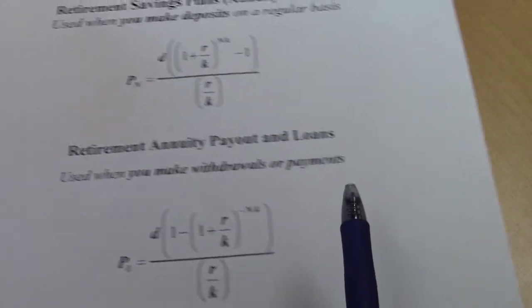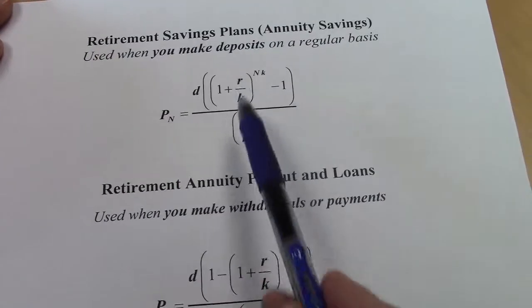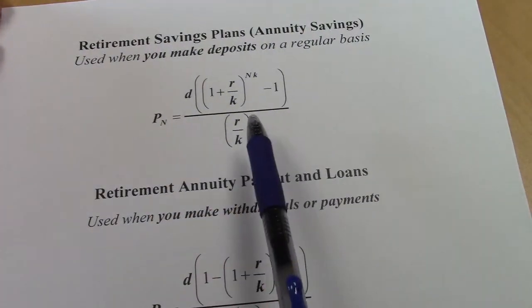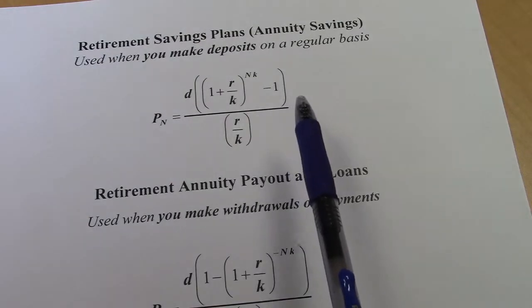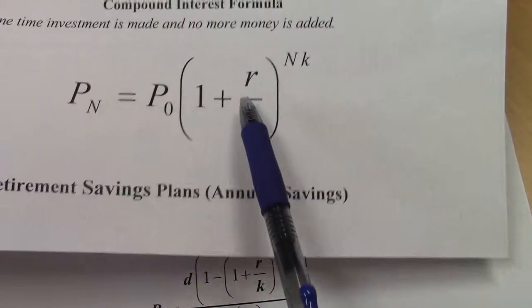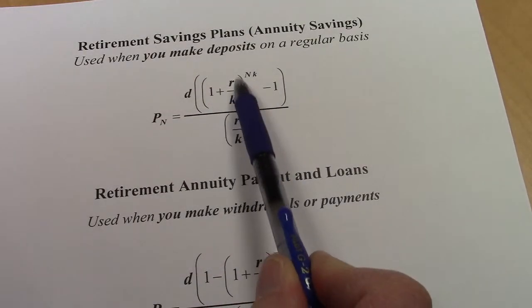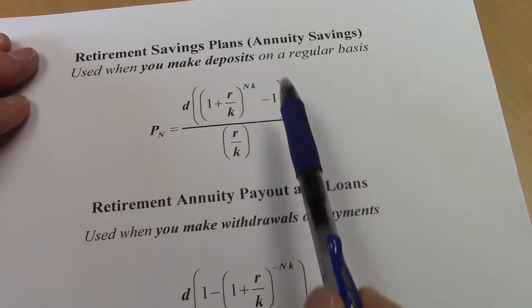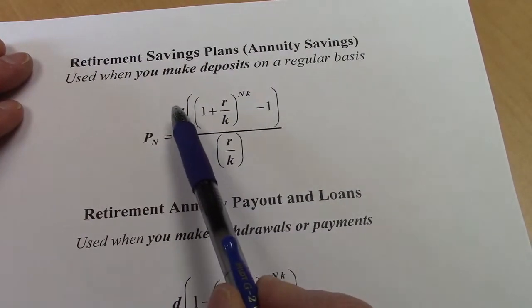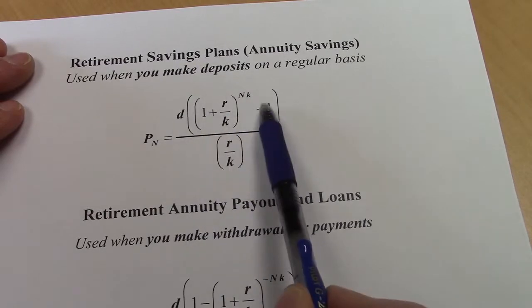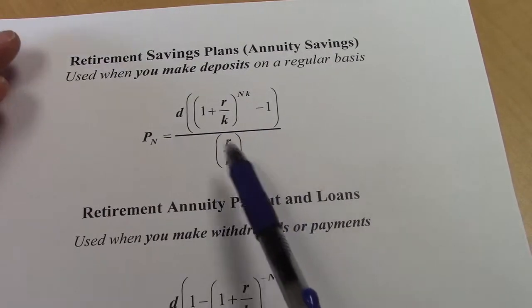Now, the two new formulas that you're going to be learning in this class, one is the retirement savings plan, which is similar. You can see some similarities to the compound interest formula. We have a 1 plus R over K to the NK power again, and this is a D instead of a P, and then there's the -1, and this is a little different too.